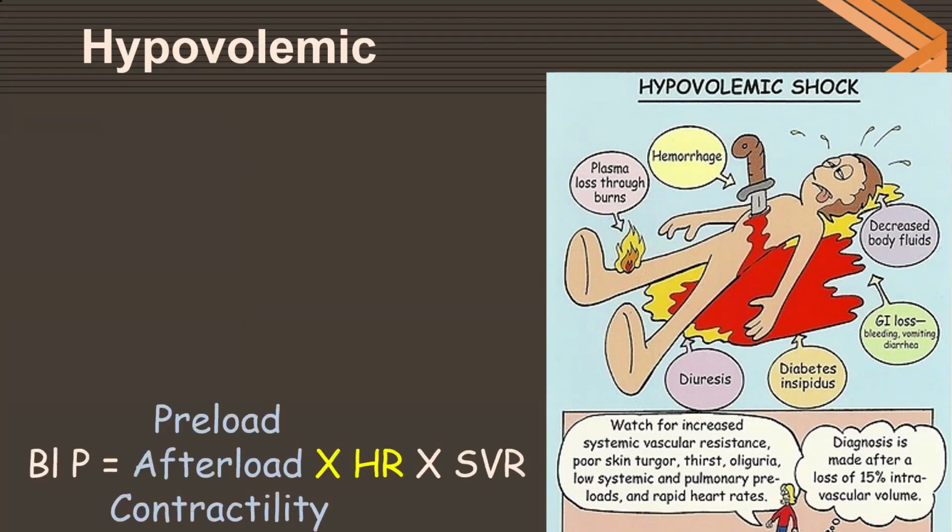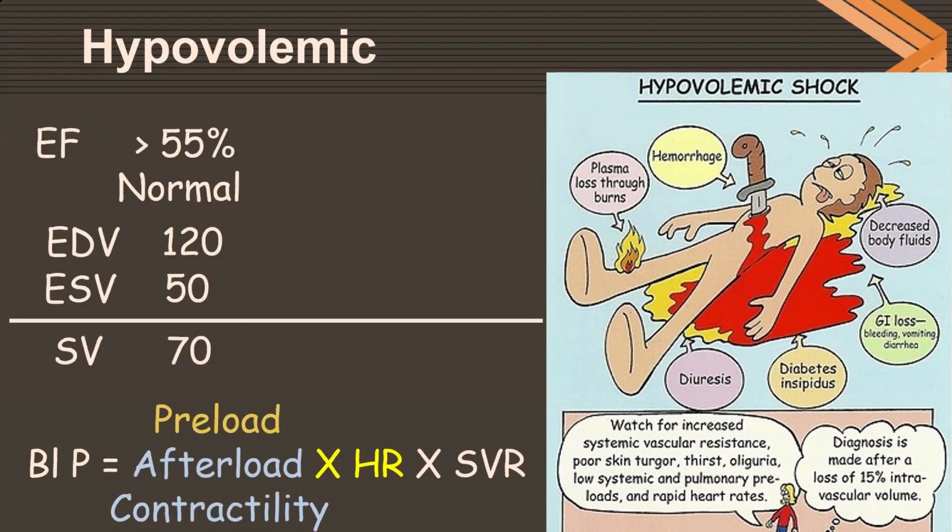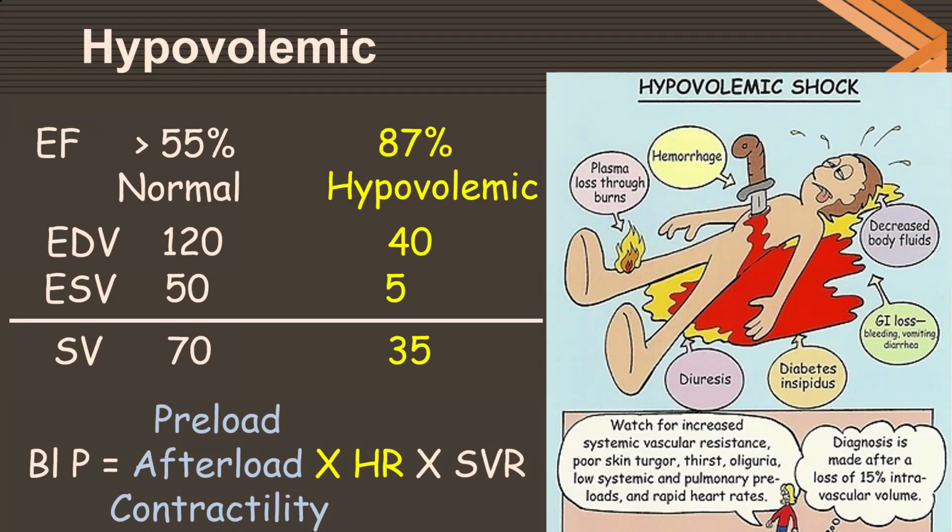What happens in hypovolemic shock? Obviously, it affects the preload. And if we have this example of normal numbers, in hypovolemia we have very low end-diastolic volume. And the body will compensate, or try to compensate, with its own endogenous catecholamines that will increase contractility and heart rate.